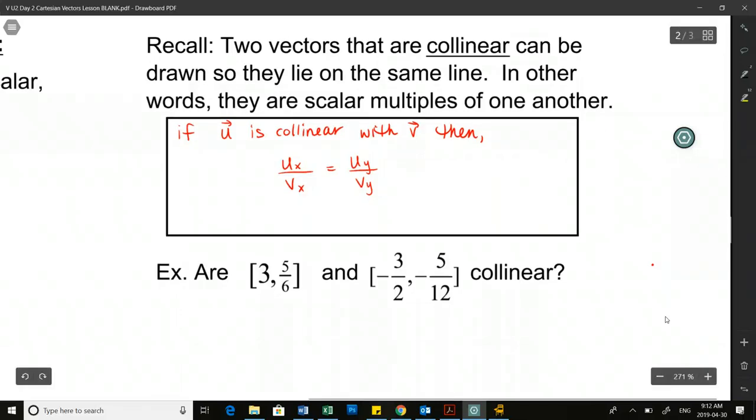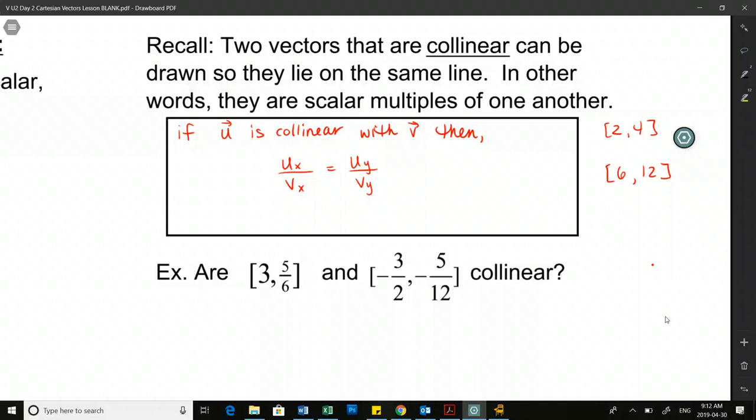So if I wrote the vectors 2, 4 and 6, 12, are these scalar multiples of one another? Yes. If I multiply my first one by 3, then I get 6 and 12, right? So this formula is telling me to check the ratio between the x's and see if it's equal to the ratio between the y's.